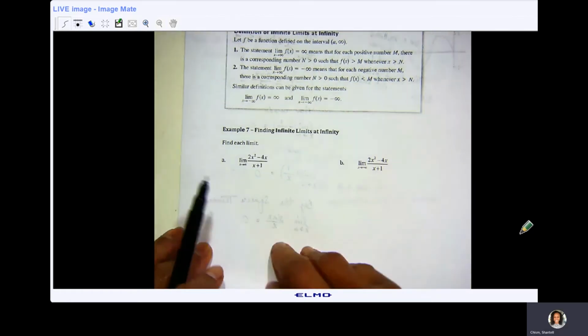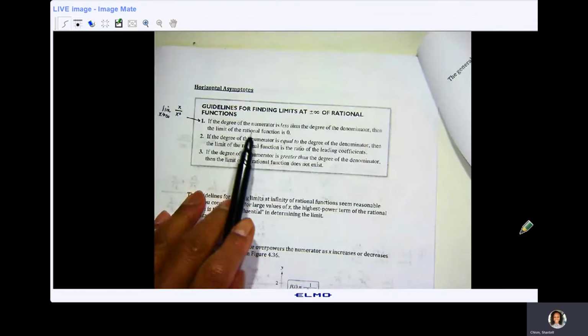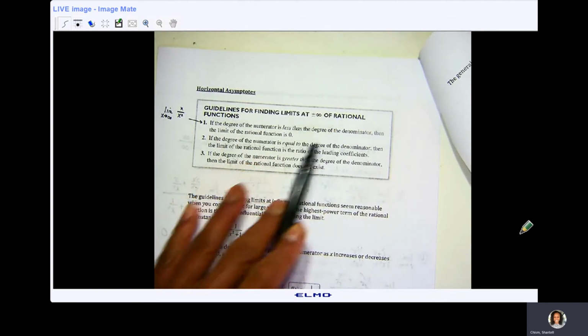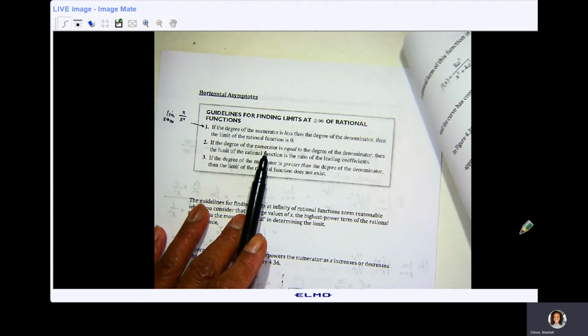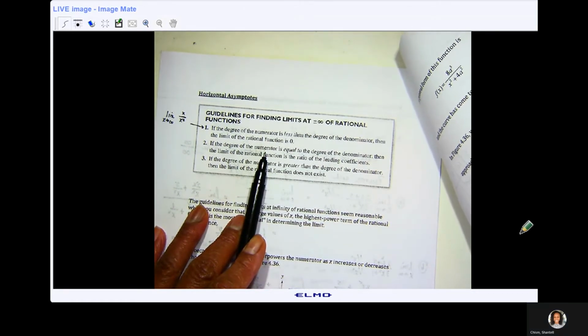You can actually look at the previous rules, the guidelines here for finding limits at positive and negative infinity of rational functions, because I do think both of the ones I'm going to look at are rational.